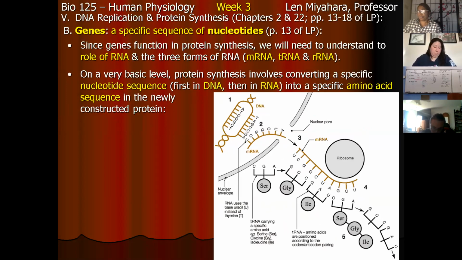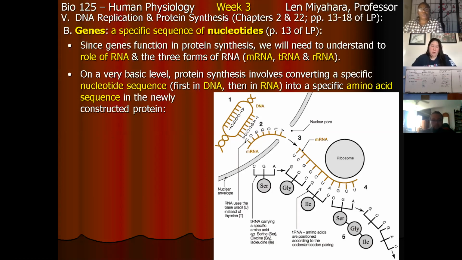But the bottom line, when you're supposed to take a step back and see the big picture, don't be intimidated. Take a step back, see the big picture, what is this for? This topic is about going from a DNA nucleotide sequence to an RNA nucleotide sequence, and eventually to an amino acid sequence, which is primary protein structure.